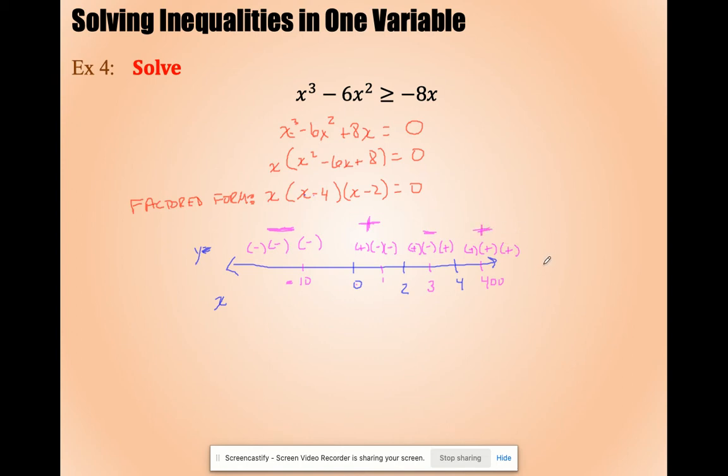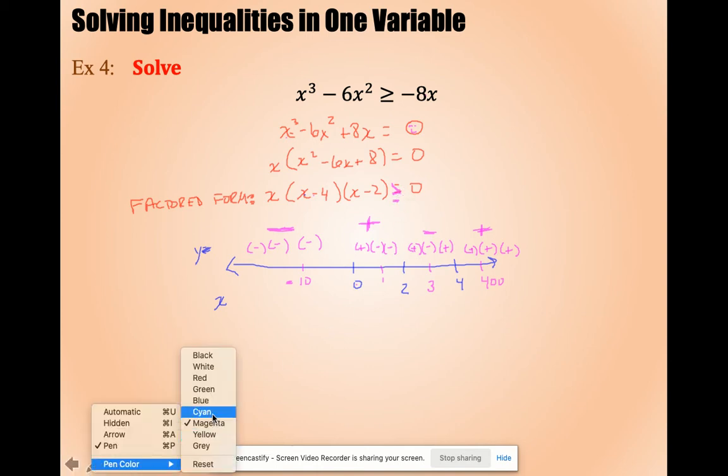What was I asked? What makes this cubic function greater than or equal to this linear function is the same question as what makes this different cubic equal to 0. But now I can answer also what makes that different cubic greater than or equal to 0.